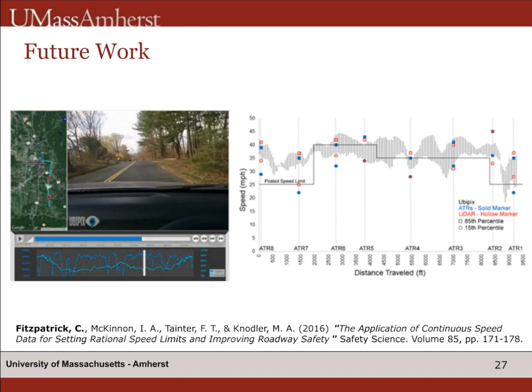And really, what you're seeing here is what we think is pretty consistent and exciting results, in that it shows that this continuous speed data will allow us to study what's happening on the roadway at various points, and then when we consider the video, that will allow us to take a look at what's happening as a function of the other roadway attributes. So some things that we're currently working on.